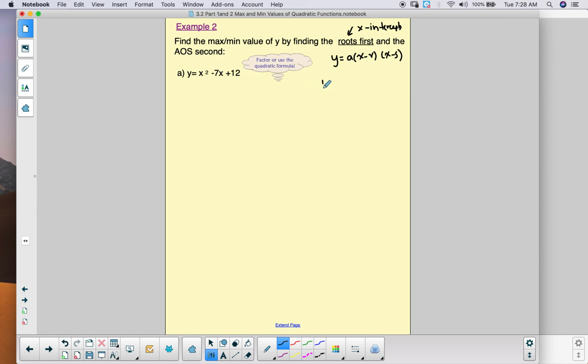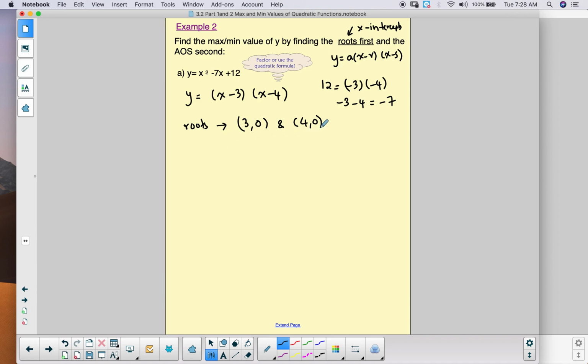So how about 12 is equal to -3 times -4? If you multiply that, you get 12, and if you add them, you get -7. So that works. So this is simply y is equal to (x - 3)(x - 4). So we know that the roots are 3 and 4. (3, 0) and (4, 0) give us the x-intercepts.